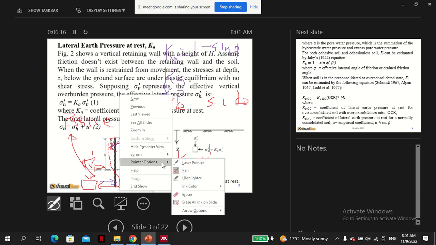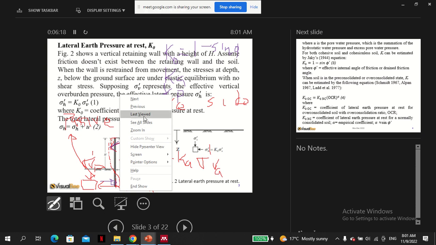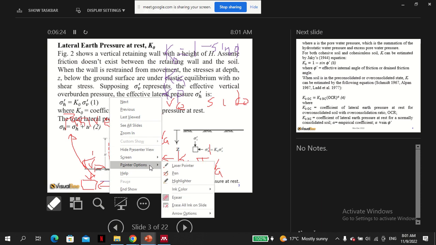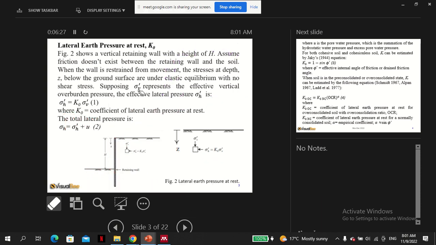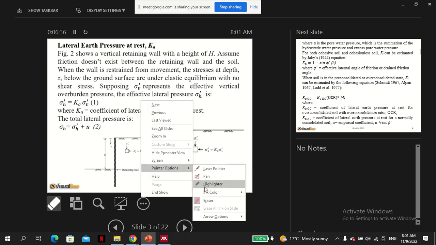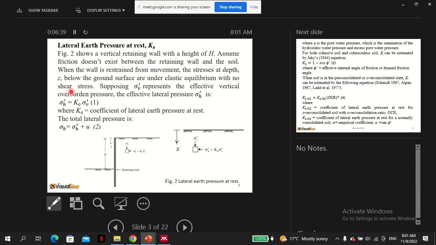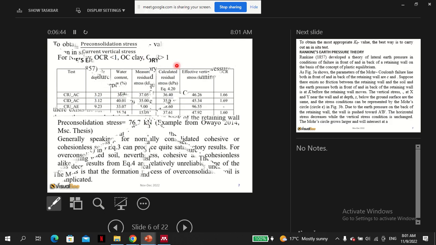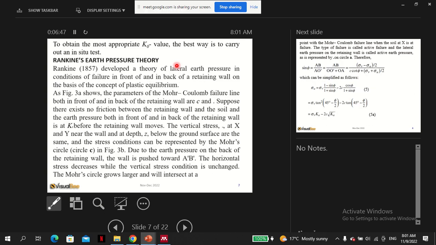Now these theories are helping us to estimate Ka and Kp, because of the non-homogeneity of the soil, it's not a very simple, straightforward matter like the case of the lateral earth pressure at rest. So for this reason, we have different theories to estimate these values Ka and Kp. We start with the simplest, the Rankine. Now Rankine made some assumptions.